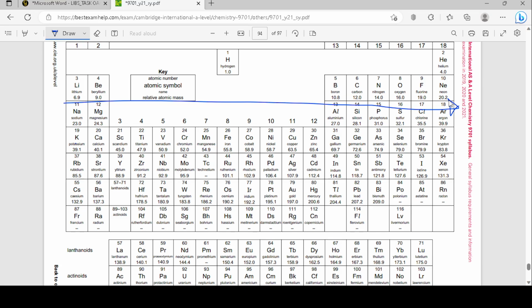And since the nuclear force of attraction on the valence electrons increases, it will be harder to remove the outermost valence electron from the valence shell across the period, right? That's why ionization energy increases across the period, which means that obviously at the end of the period you have group 8, right?